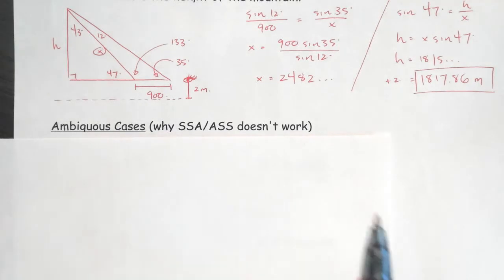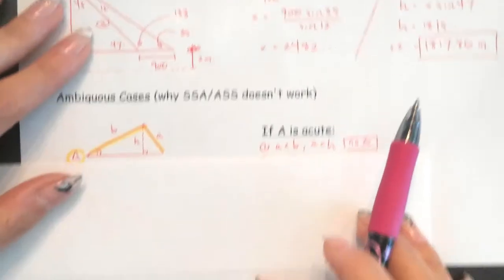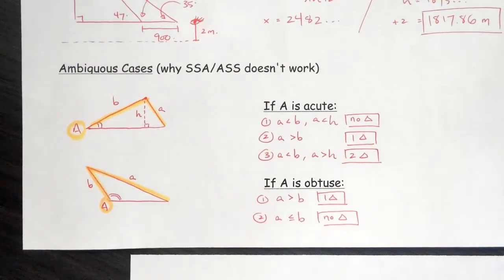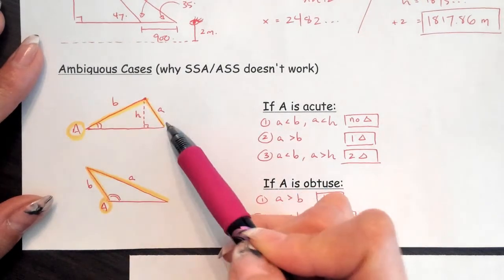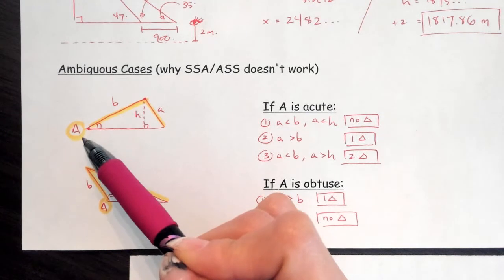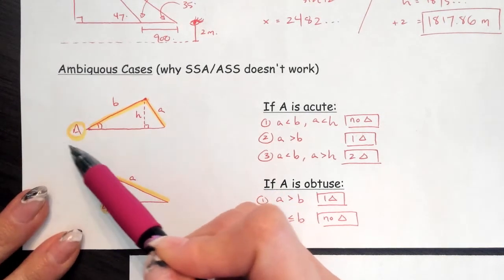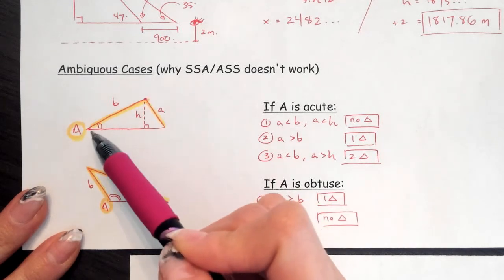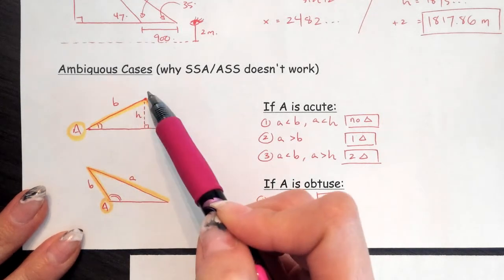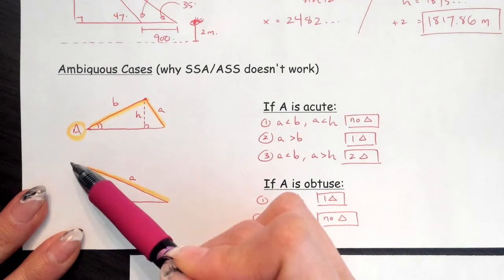But what happens is when you have ASS, there are different scenarios. ASS means angle, side, side, in that order, and we talked about today how I like to draw it so that the angle comes first on the left side, and then the S goes up, and then back down.